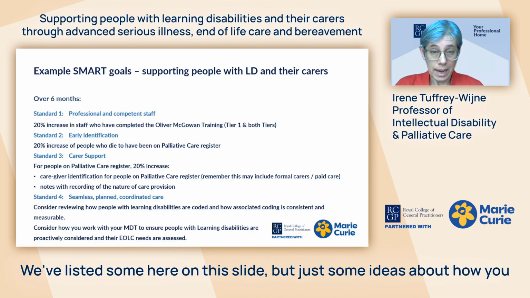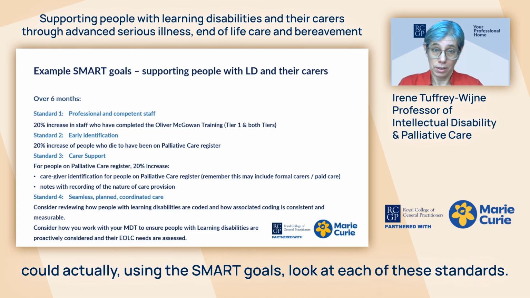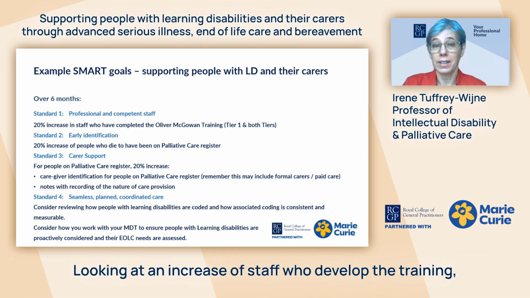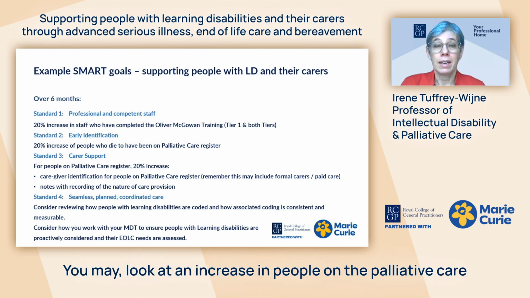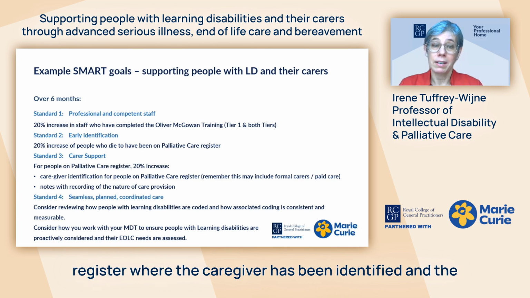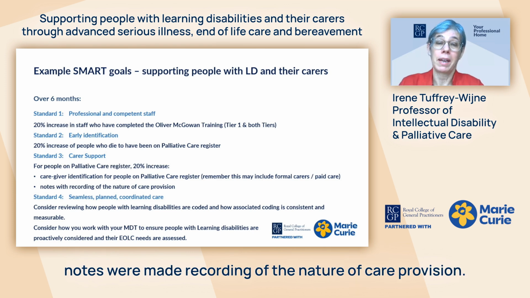We've listed some here on this slide, but just some ideas about how you could actually, using the SMART goals, look at each of these standards, looking at an increase of staff who complete the training, an increase of people who die who've been on the palliative care register. You may look at an increase in people on the palliative care register where the caregiver has been identified and notes were made recording the nature of care provision.